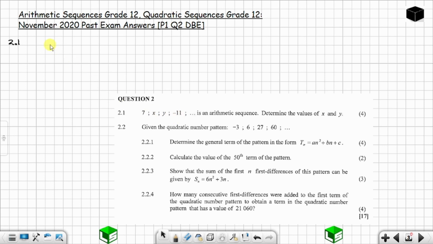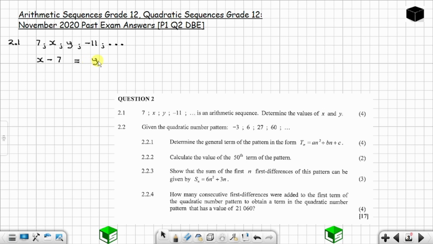So this is the arithmetic sequence that we are given: 7, x, y, and negative 11, and so on. Now let's create the 2 equations. I can take x minus the previous one, which is 7. This is also equal to any next term minus the previous term, so I can take y minus x.